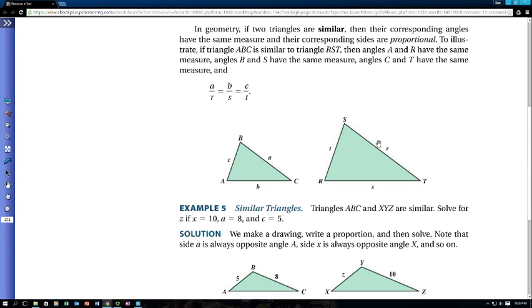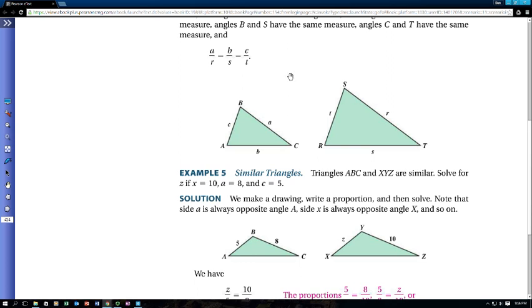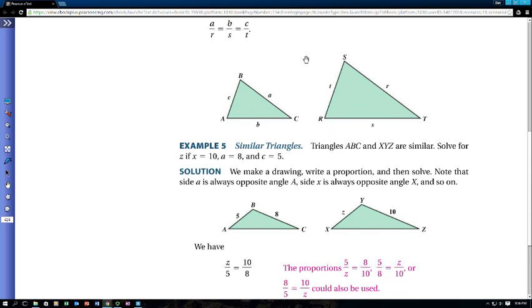Remember, division has no commutative property, so if I start with the bigger triangle in the numerator and put the smaller triangle in the denominator, I better do that for every side. In this case, they do the smaller triangle as the numerator, over its corresponding side as the denominator. So we get this fraction A over R, and then B over S, C over T are fractions that are all equal because similar triangles have to be proportional.